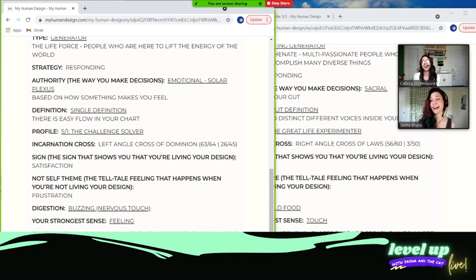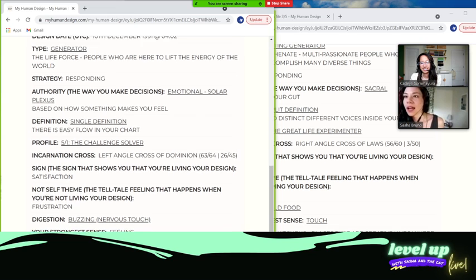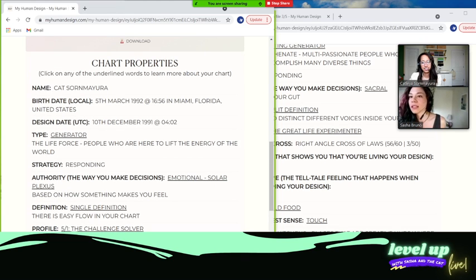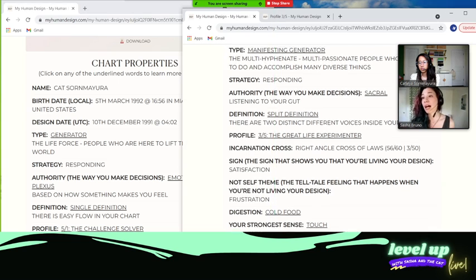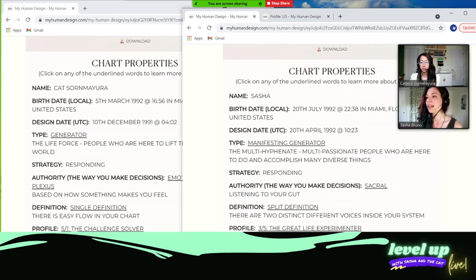Yeah, that's true. What does your authority say? Emotional solar plexus. Interesting. Based on how something makes you feel. That's kind of similar to listening to your gut, in my eyes. Mine is listening to your gut, which I feel like is similar in that sense.